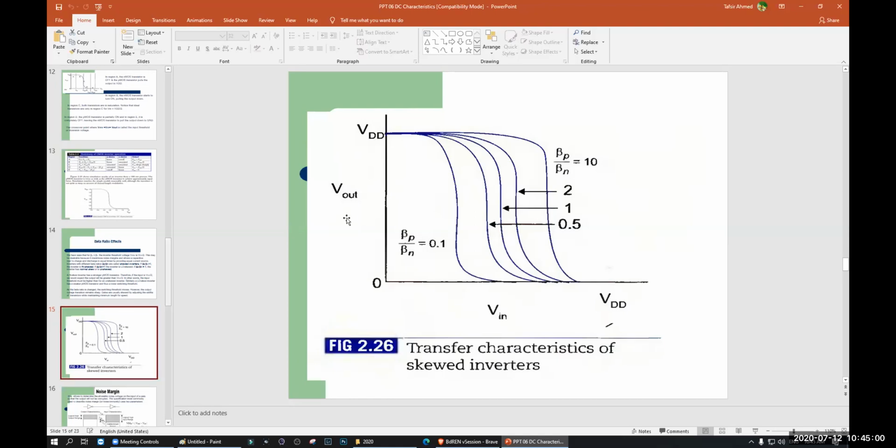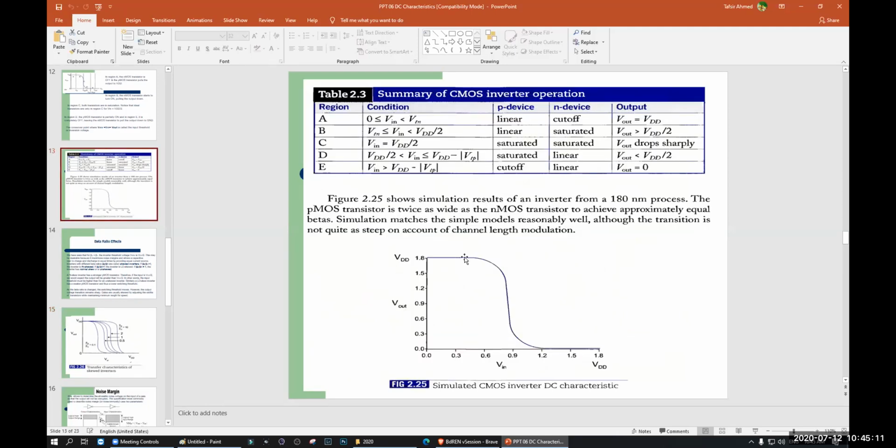We already know it. Our target was to keep the beta ratio equal to 1. That means beta P and beta N should be equal, so that the graph should go at the middle. Now, how did our software get this result? What is the principle behind it? Or what is the calculation behind it? Today we will be doing that by hand. That means hand calculation.